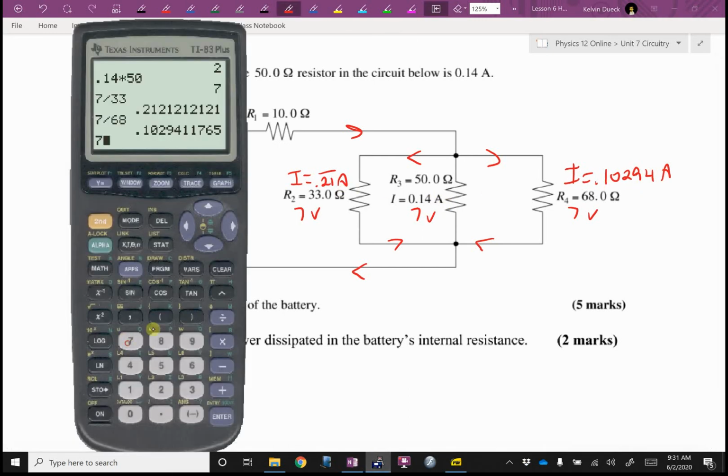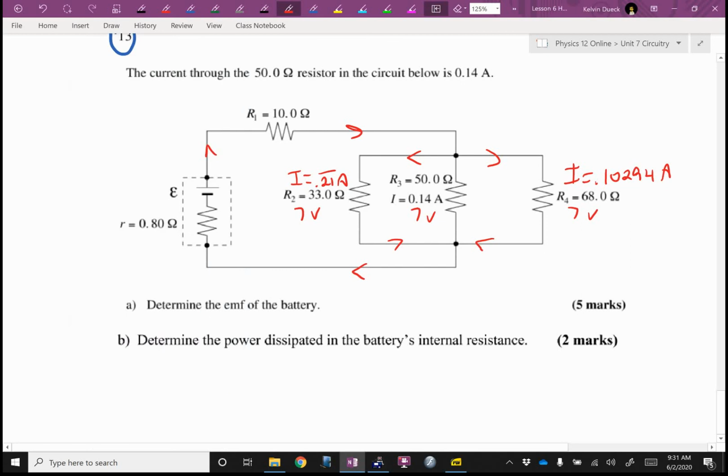I'm actually going to do this by going 7 over 33 plus 7 over 68 plus 0.14, and that way I've got an exact value, and I get 0.4551 amps. So I have I total equals 0.4551 amps.